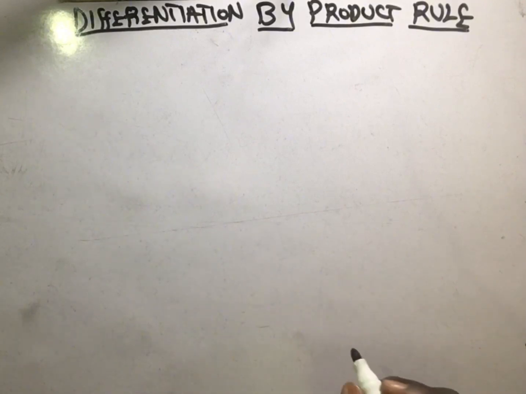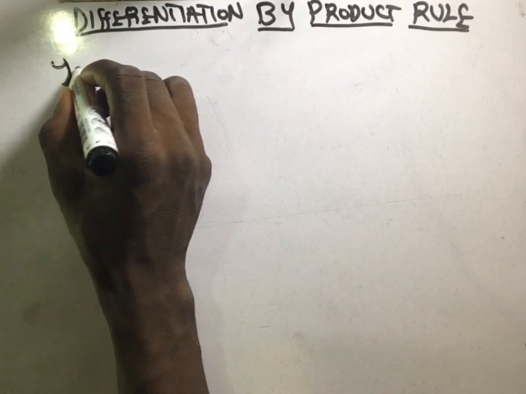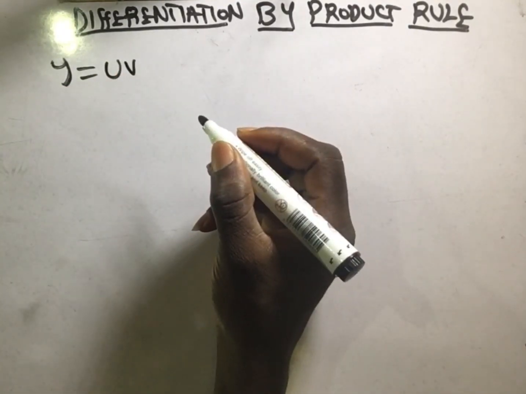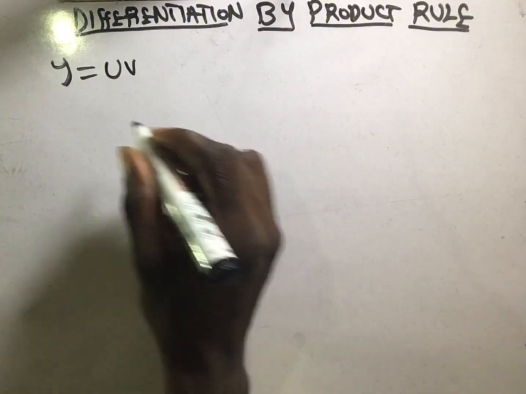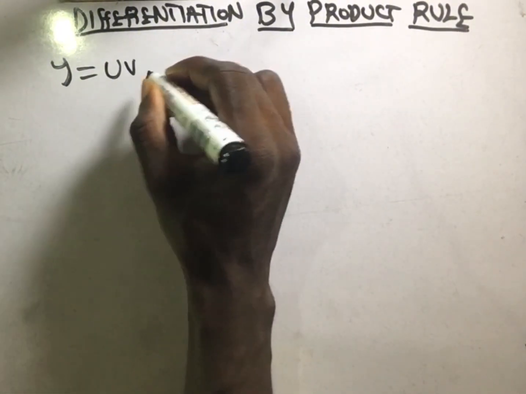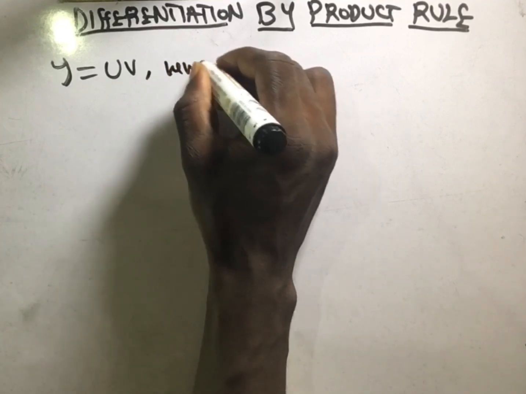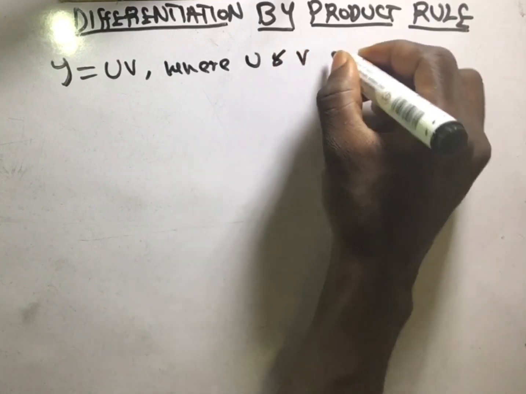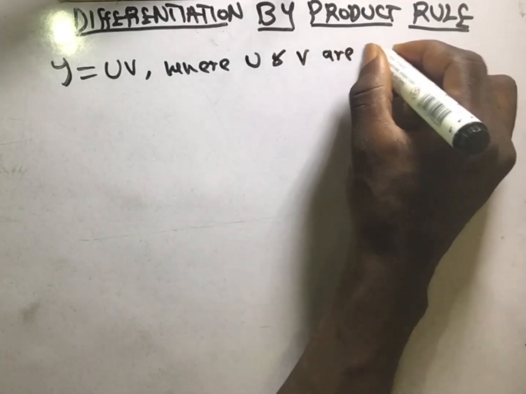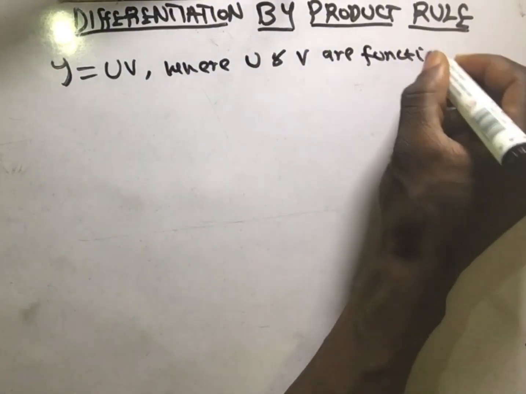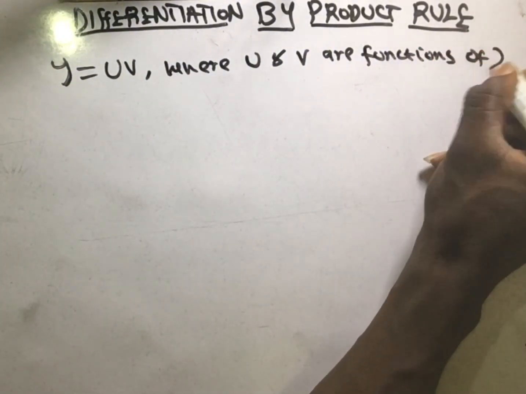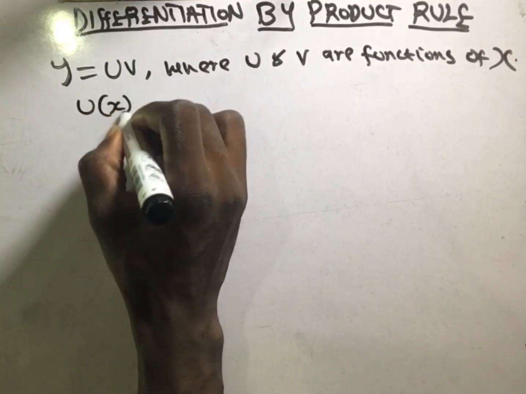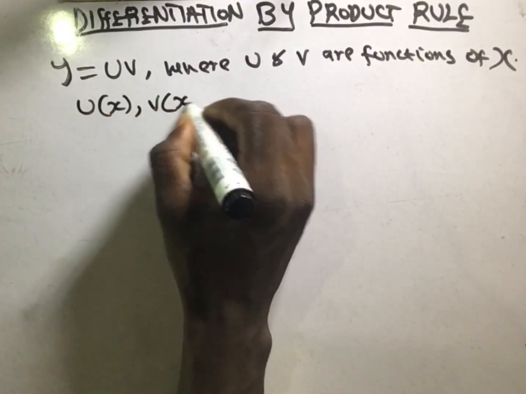So what this basically means is, when you have, let's say, u and v multiplying each other, and u and v are both functions of x. Let's say u is a function of x and v is a function of x.